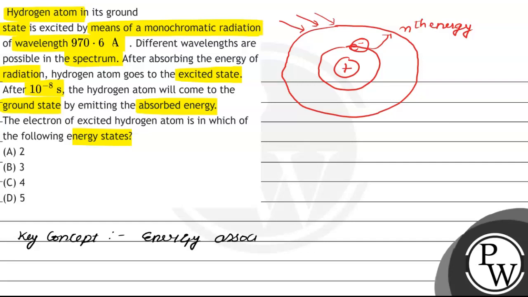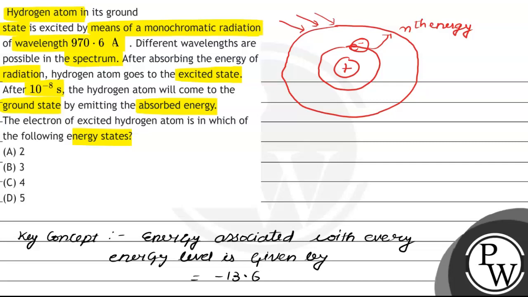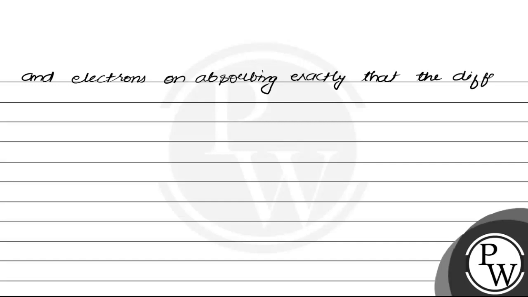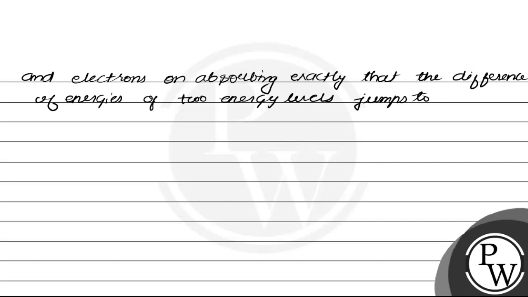That energy associated with every energy level is given by minus 13.6 into Z square upon n square, and electrons on absorbing exactly the difference of energies of two energy levels jumps to that energy level.